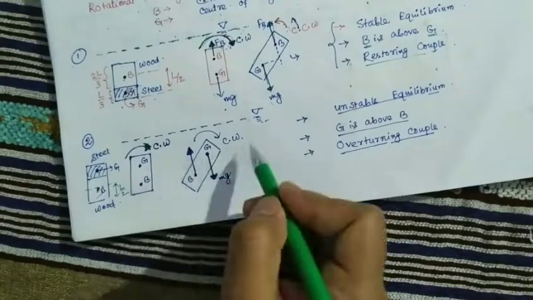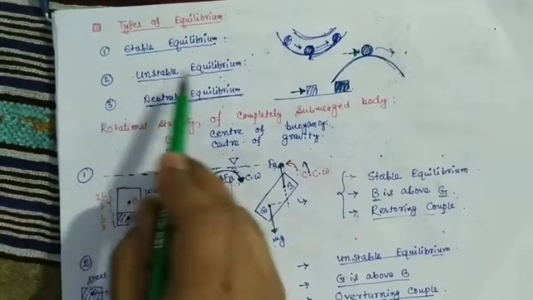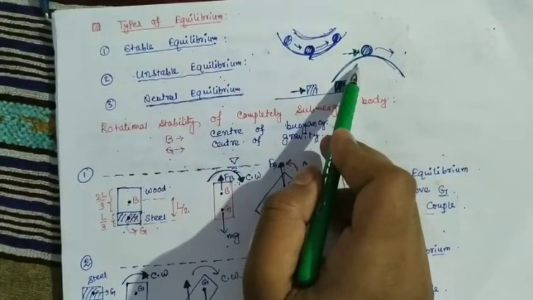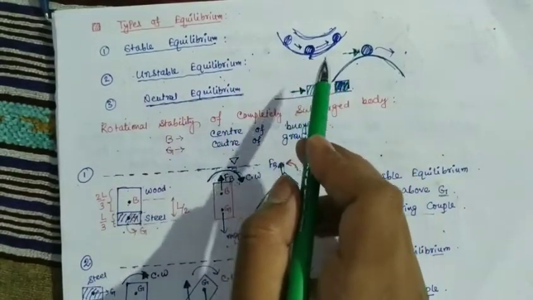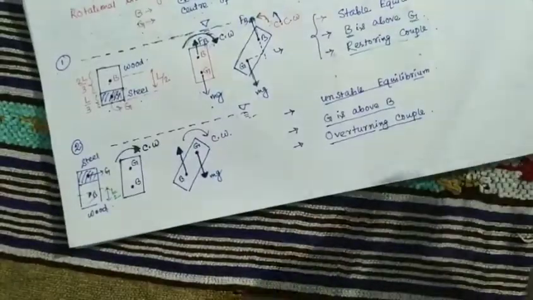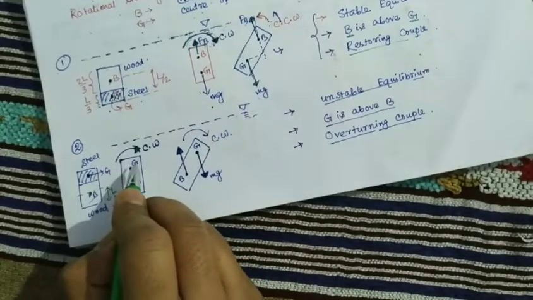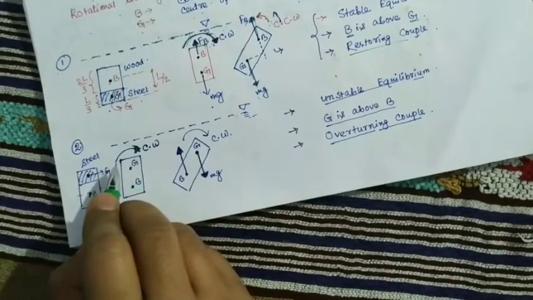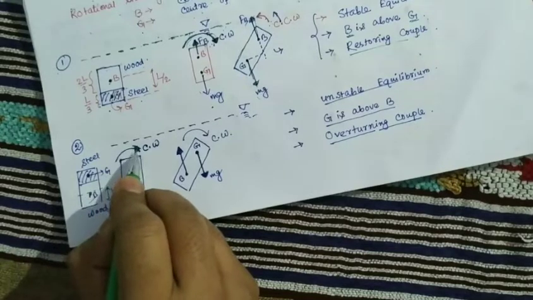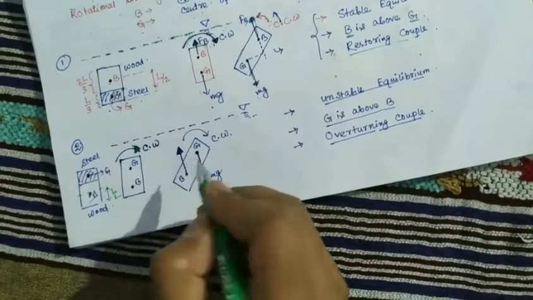So it is a kind of unstable equilibrium. What is unstable equilibrium? A state of equilibrium in which a small disturbance will produce a large change. I give a small tilt to the body, but the body never regains its original position.